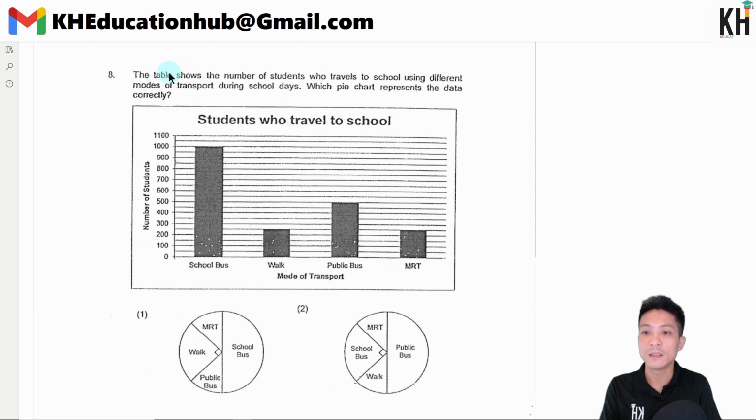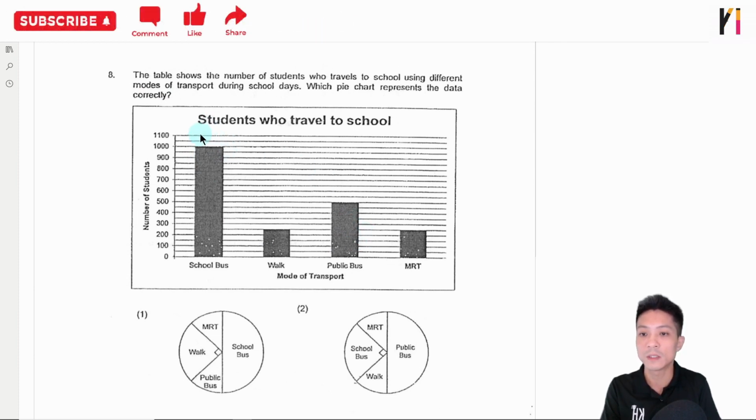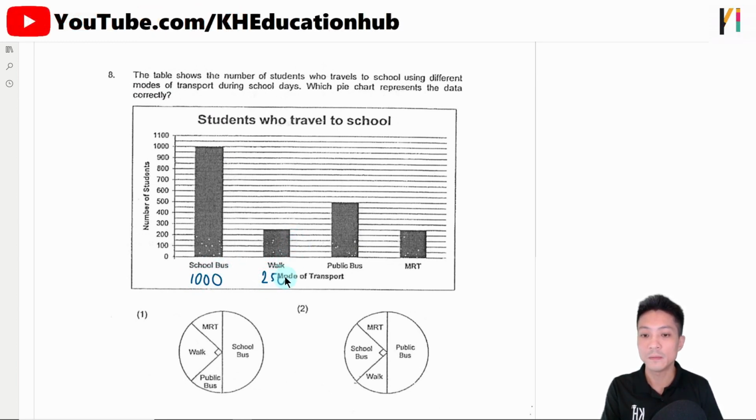Okay, question 8. The table shows the number of students who travel to school using different modes of transport during school days. Which pie chart represents the data correctly? Okay, so I'm gonna write down the number below. Walking will be 250.